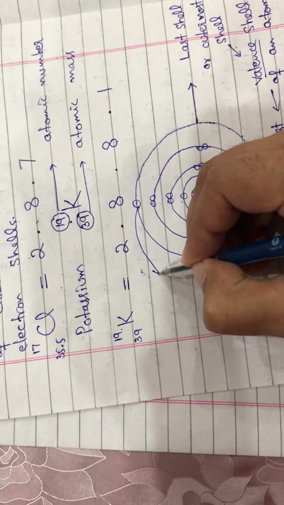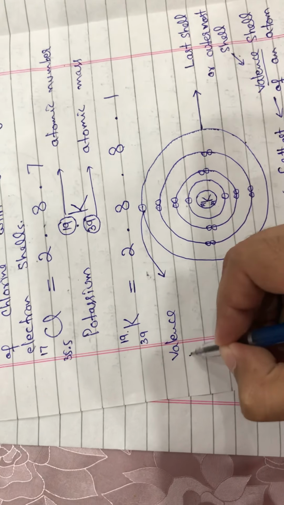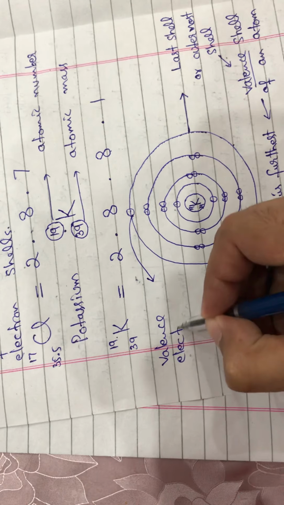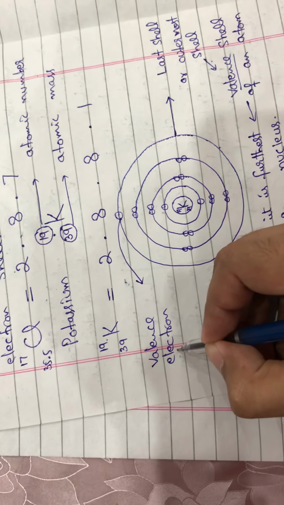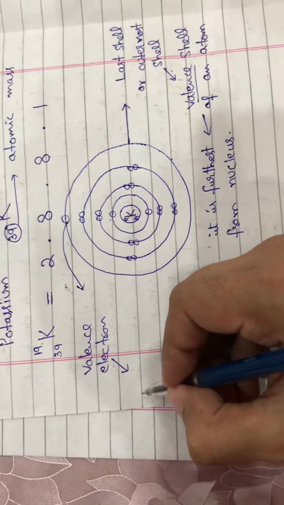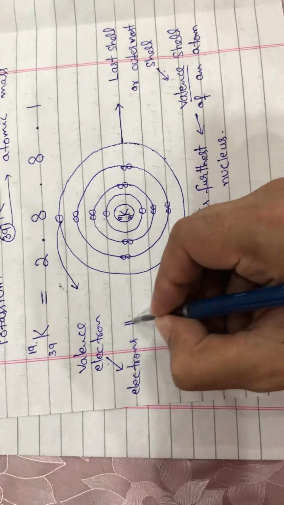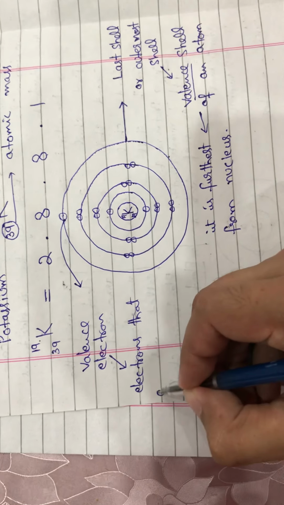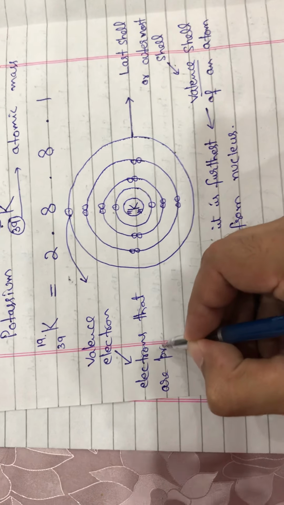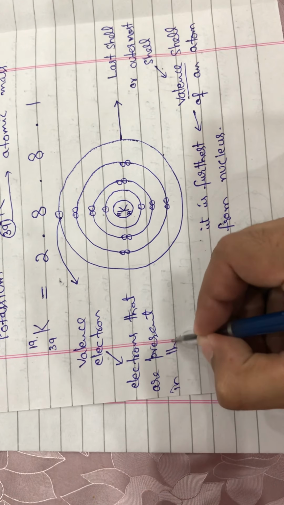This one electron is known as the valence electron. Valence electrons are the electrons that are present in the valence shell.